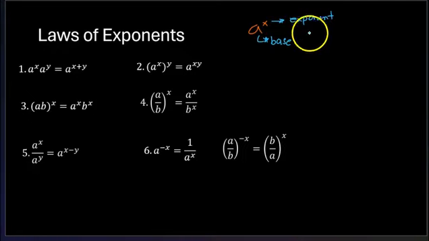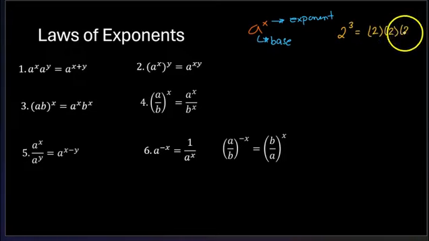Let me give an example to illustrate this. Let's have a simple one: 2 raised to 3. That means you have 3 copies of 2, multiplying 3 copies of 2. So in general, a raised to x means you're multiplying x copies of a.